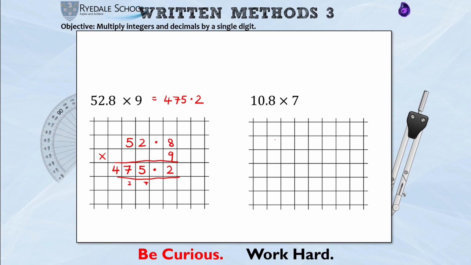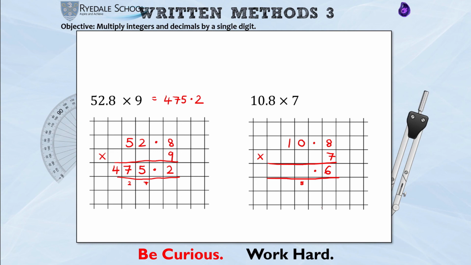Finally, let's do 10.8 times 7. 10.8 times 7. So we have 8 times 7 first. 8 times 7 is 56.